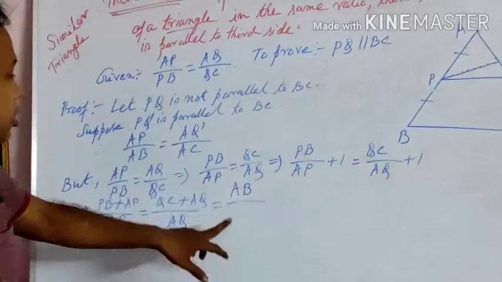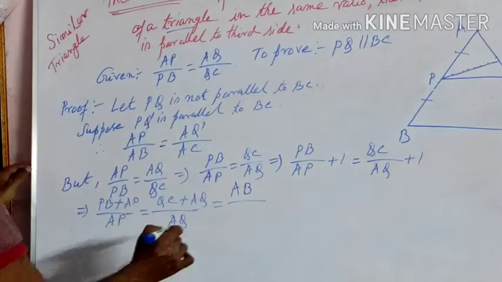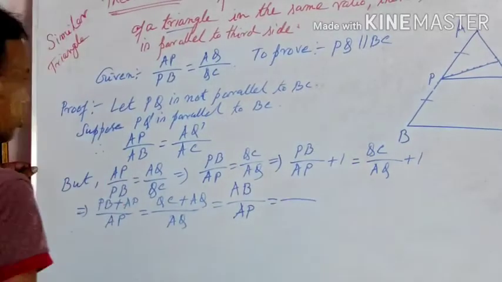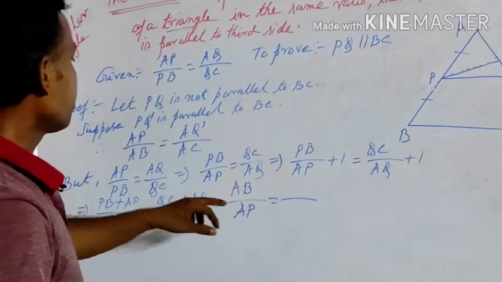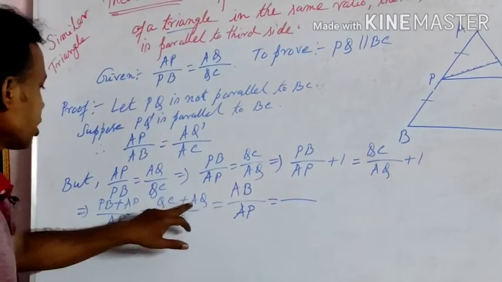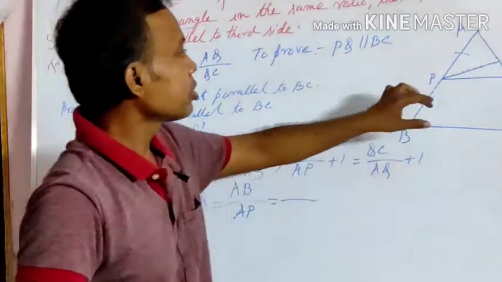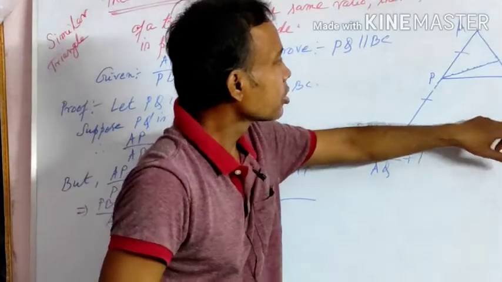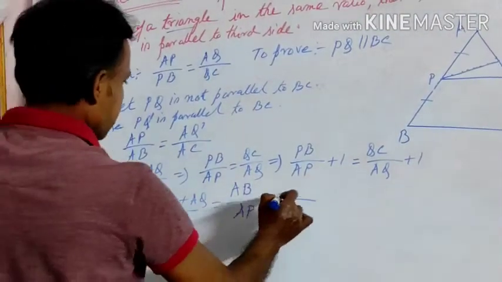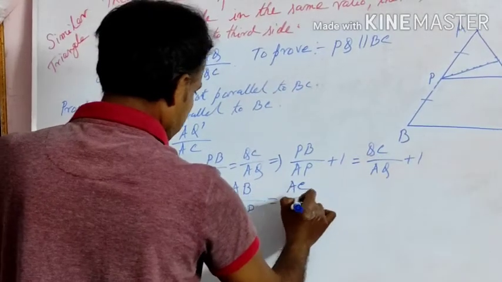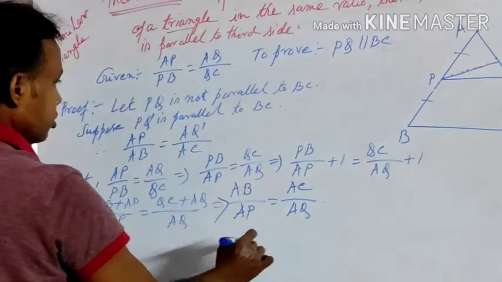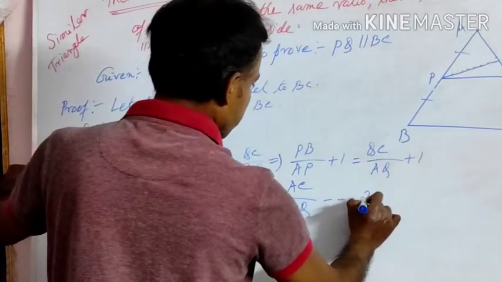So if you add this, we will get AB by AP is equal to AC by AQ. Suppose this is your equation 2.